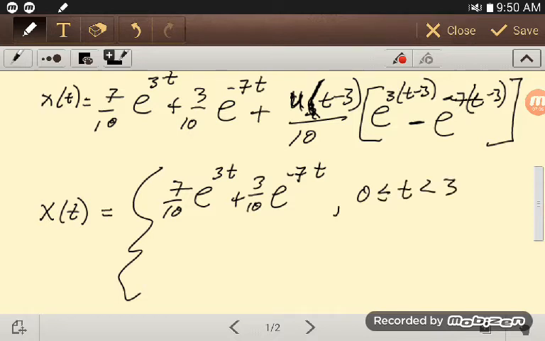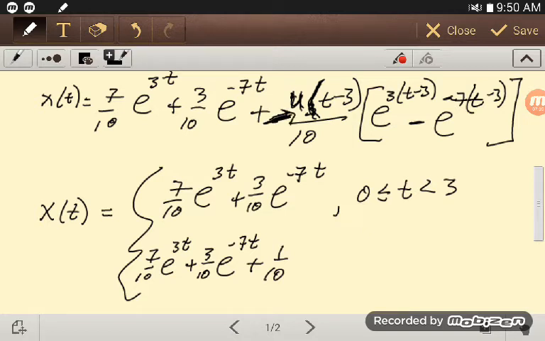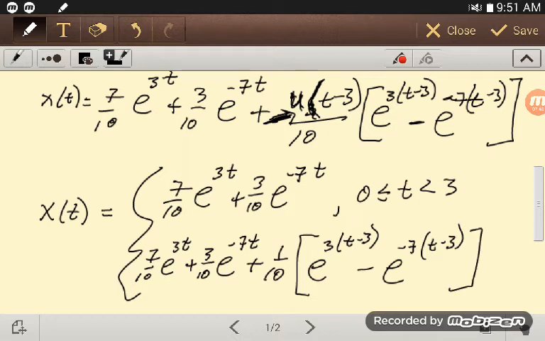And then when we hit the 3, we have that same first part, 7 over 10 e to the 3t plus 3 over 10 e to the minus 7t, plus 1/10, because the unit step function up here just becomes 1 at that point, times e to the 3 times t minus 3 minus e to the 7 times t minus 3. And there we have it.